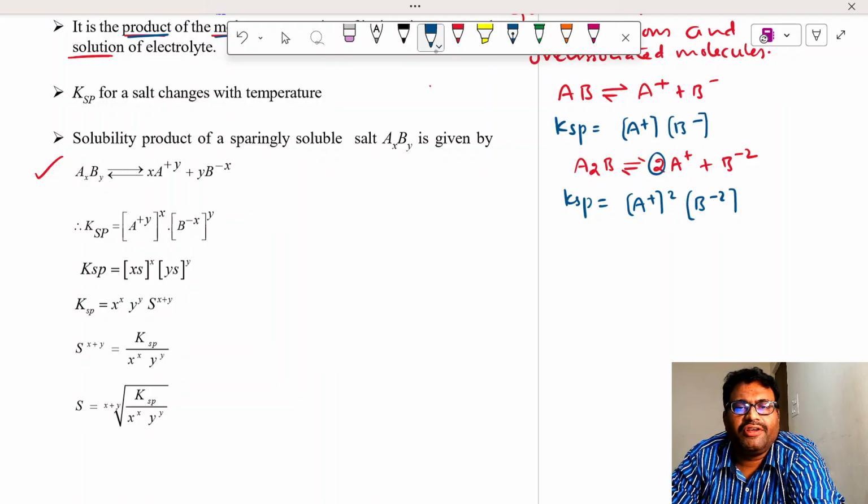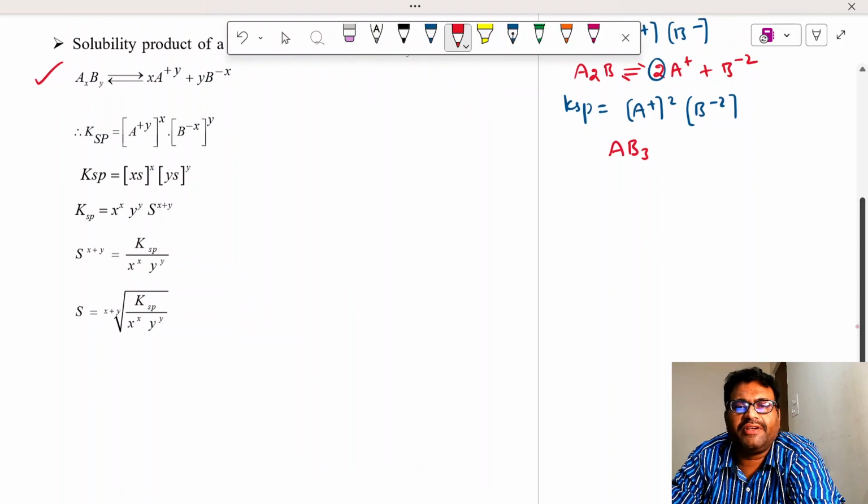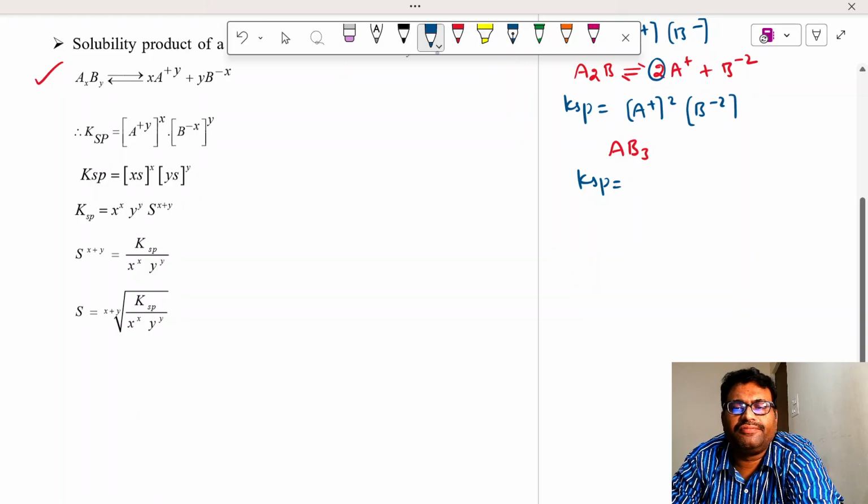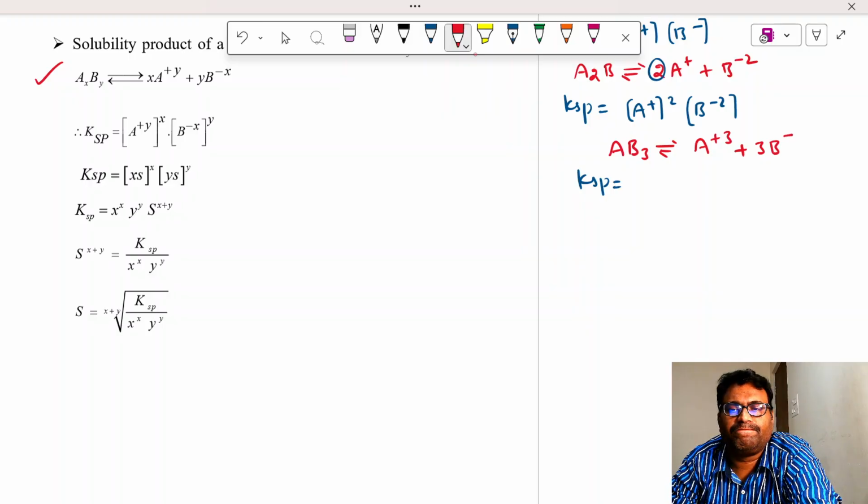If I take something like AB3, then what will you write for KSP? It dissociates into A plus 3 and 3B minus. You know how charges are formed, the crisscross method. This is an ionic solid, right?